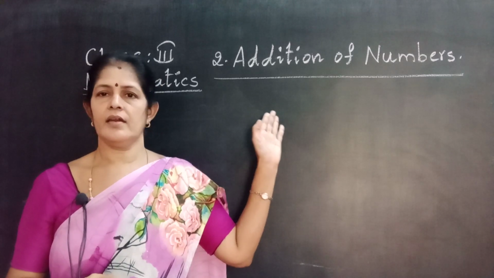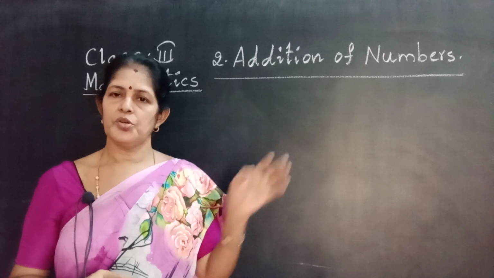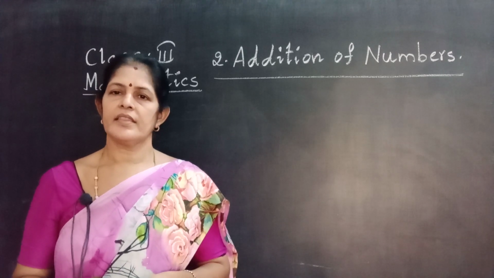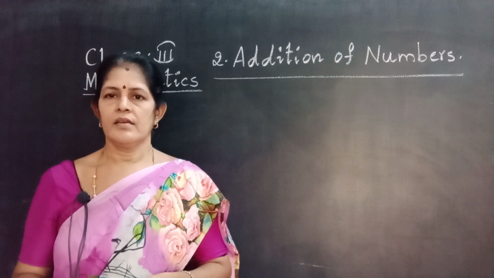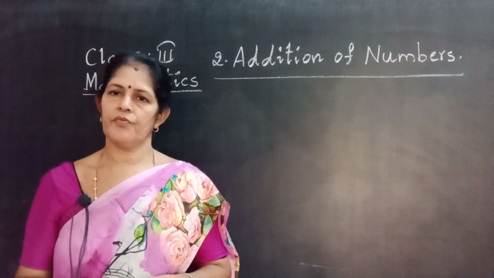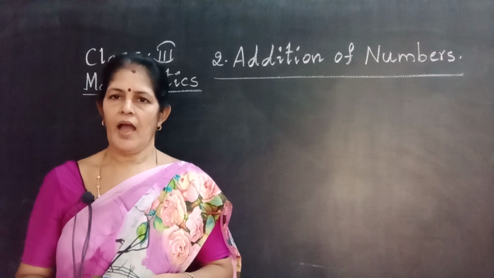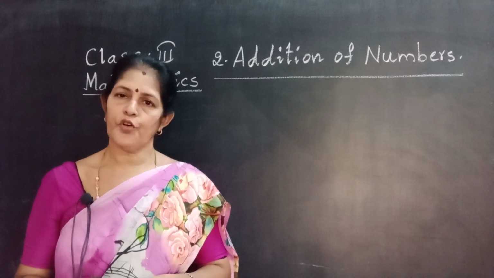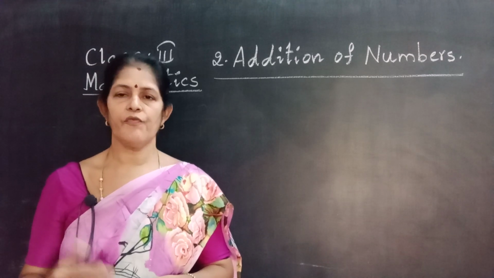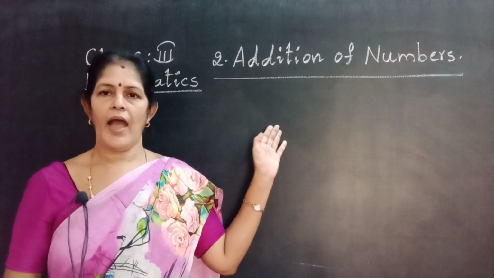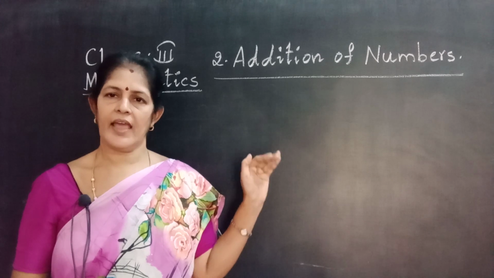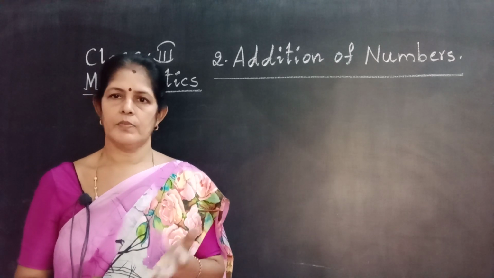In this chapter, you already learnt 2-digit and 3-digit number addition, 2 lines and 3 lines, without regrouping and with regrouping, and adding 4-digit numbers with regrouping and without regrouping. Now I am going to revise and then go to board problems.